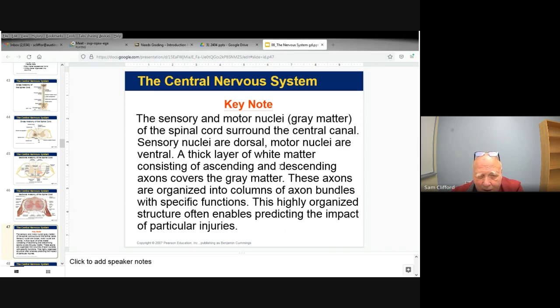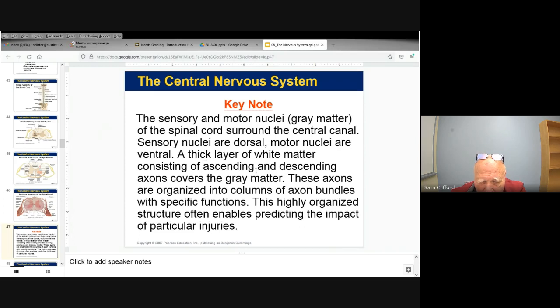So the gray matter has motor nuclei and sensory nuclei of the nerve cells. And the spinal cord surrounds the central canal. Sensory nuclei are dorsal, motor nuclei are ventral.